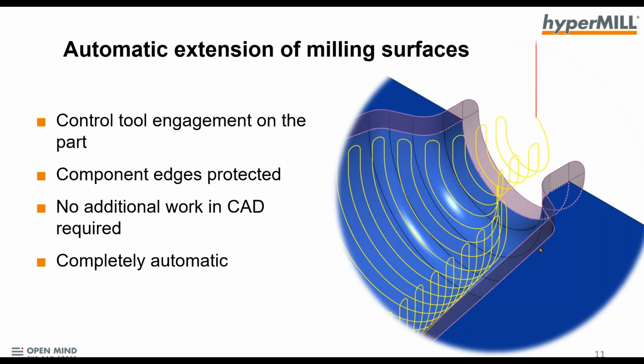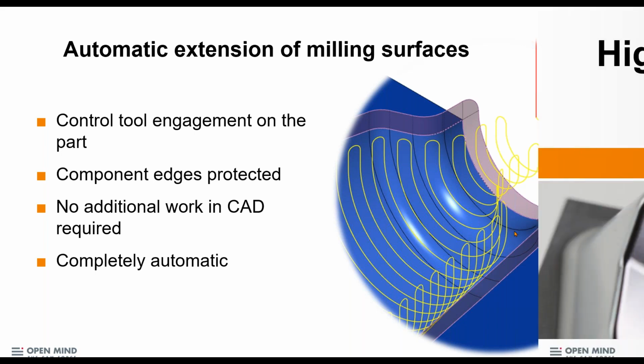Another area which is relatively new but really powerful is the automatic surface extension function, to really control the tool engagement on a part and protect the edges of the part. Not only is this a really useful feature for the CAM programmer, it's now embedded within the strategy form in hypermill, so no additional CAD work is necessary as it's completely automatic. So again, this will massively reduce programming times.